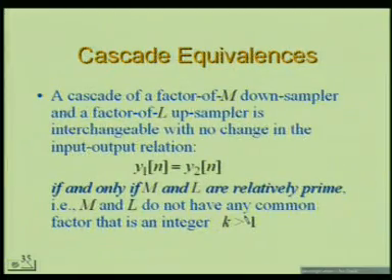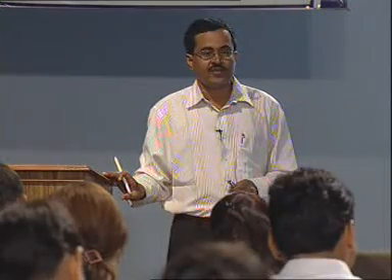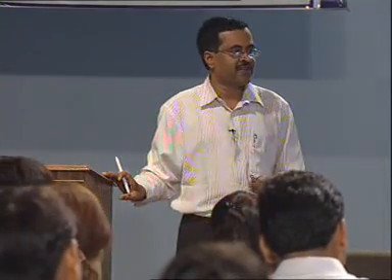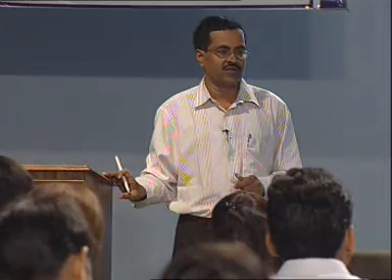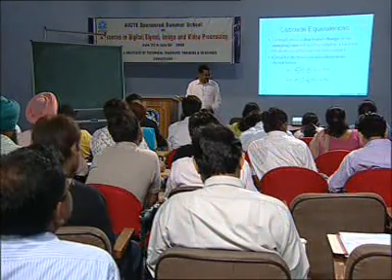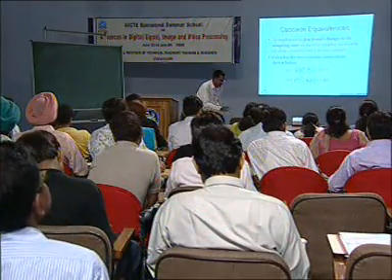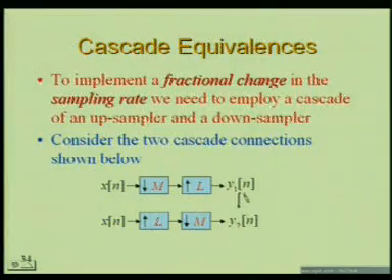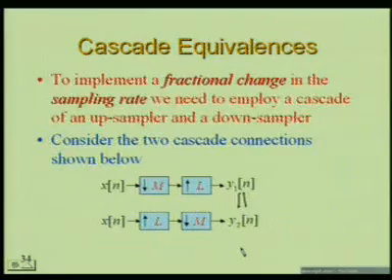Obviously, 1 is a common factor always. So, there should not be any other common factor k greater than 1 for both the integers M and L. If this is the case, then y1[n] must be equal to y2[n], both are the same, when M and L do not have any common factor k greater than 1.